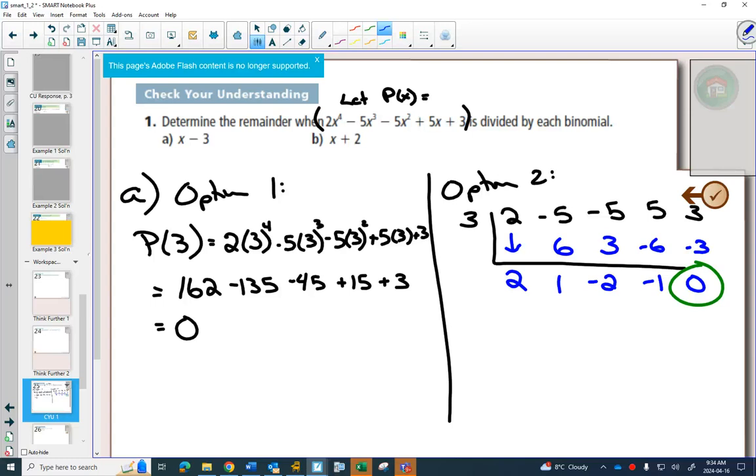But in this situation, 3 ended up being really big when you have powers, right? 2 is going to be the same thing. I would probably choose option 2 for x plus 2 as well. However, there will be some questions where option 1 is still the better option.